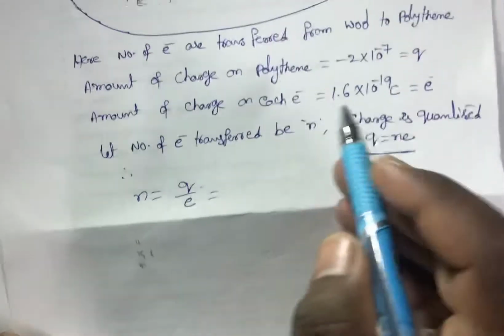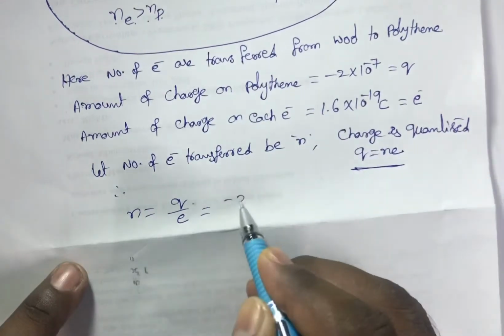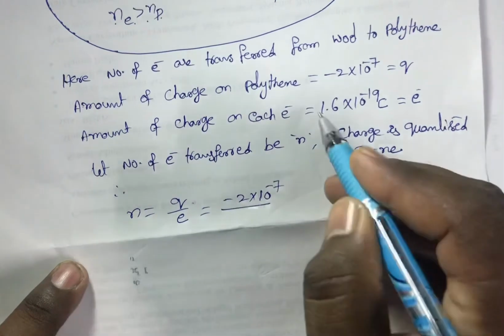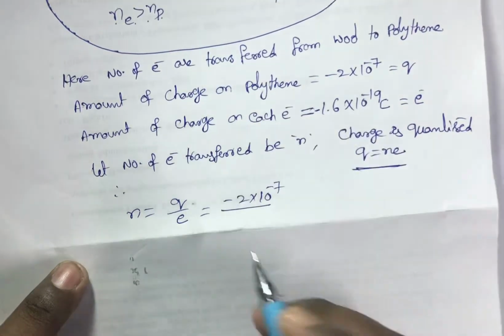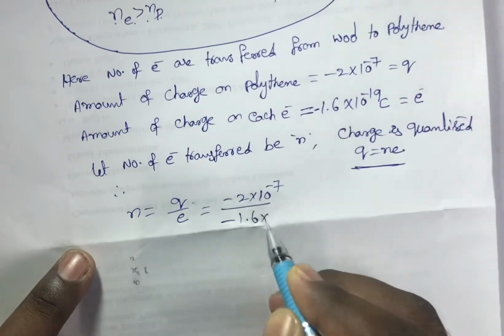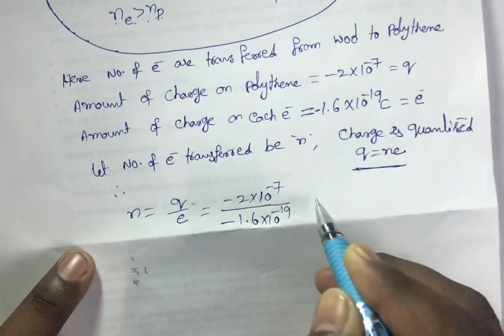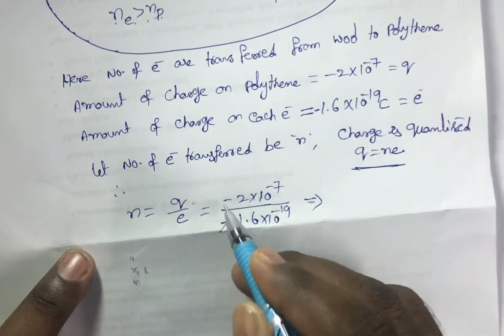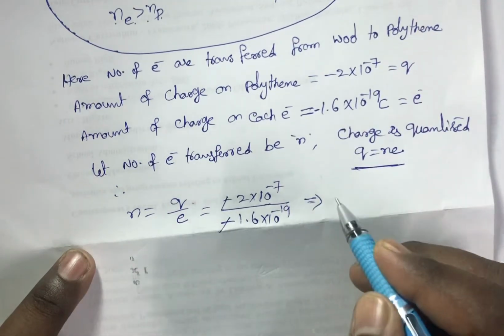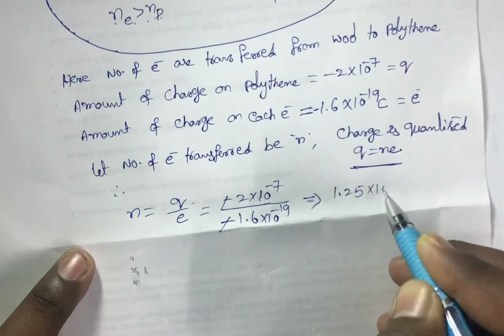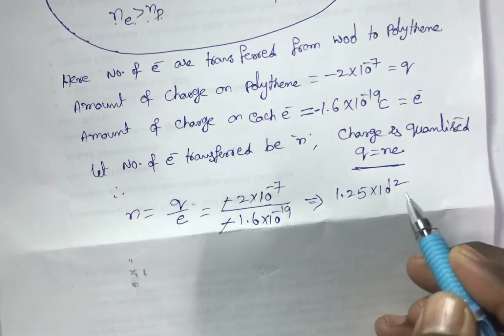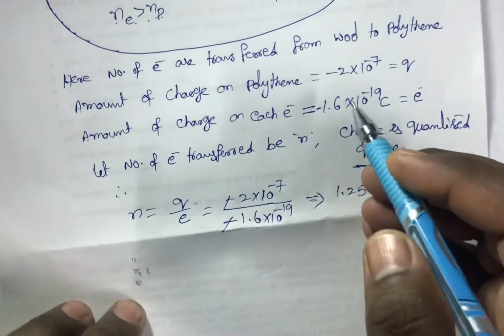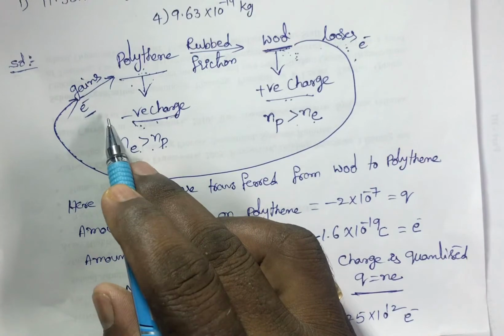The Q value already given in the question is minus 2 into 10 to the power of minus 7, divided by the charge of the electron, which is also negative, minus 1.6 into 10 to the power of minus 19. When you solve this fraction, the negative sign cancels. After solving, we get 1.25 into 10 to the power of 12. These many electrons are transferring from wool to polythene.